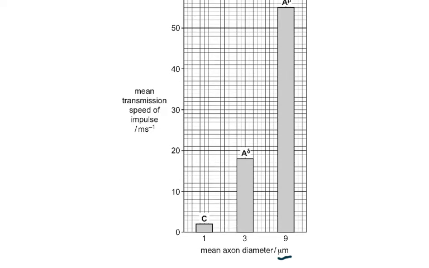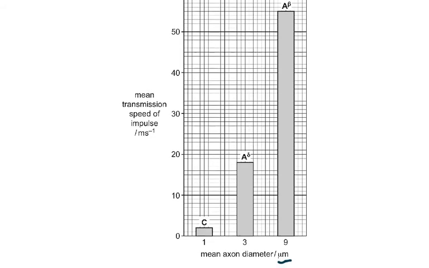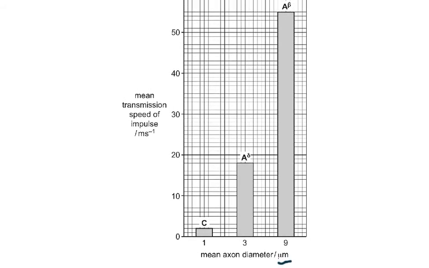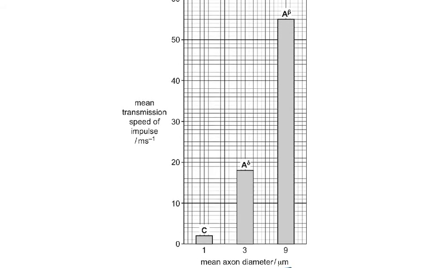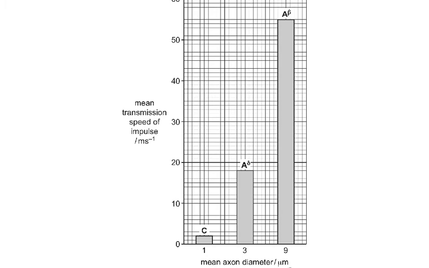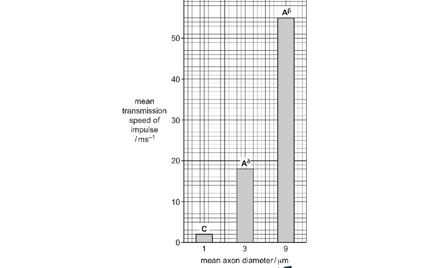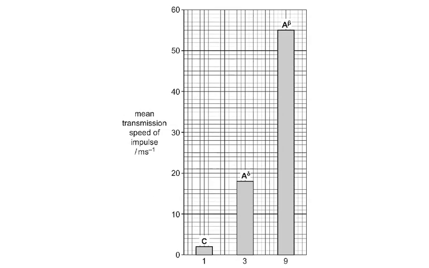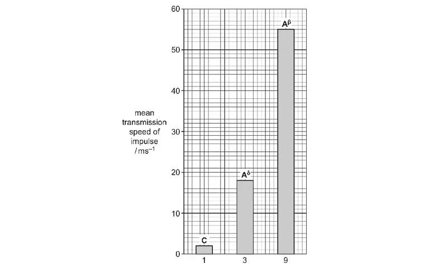3 was nearly 18, and the one which was A delta and A beta was 9 micrometer in diameter, and it was 55. So you can see here, I'm trying to get this right, 55. So this is what I'm looking at.